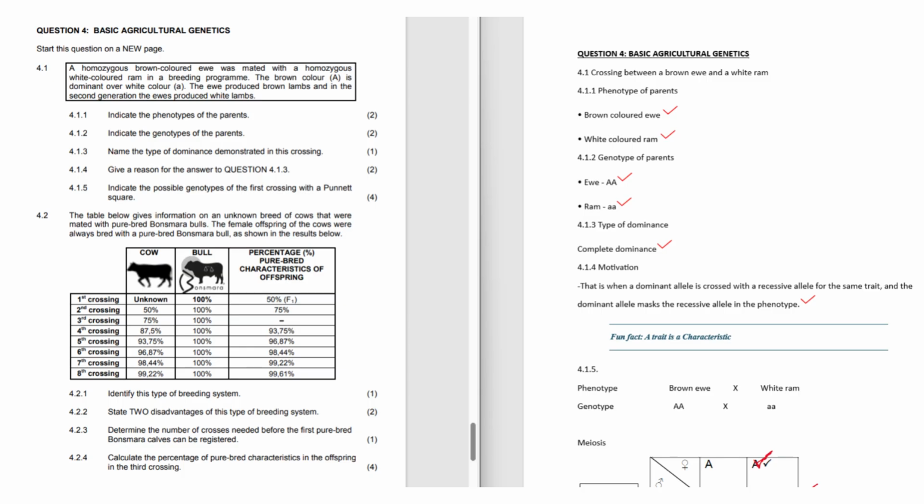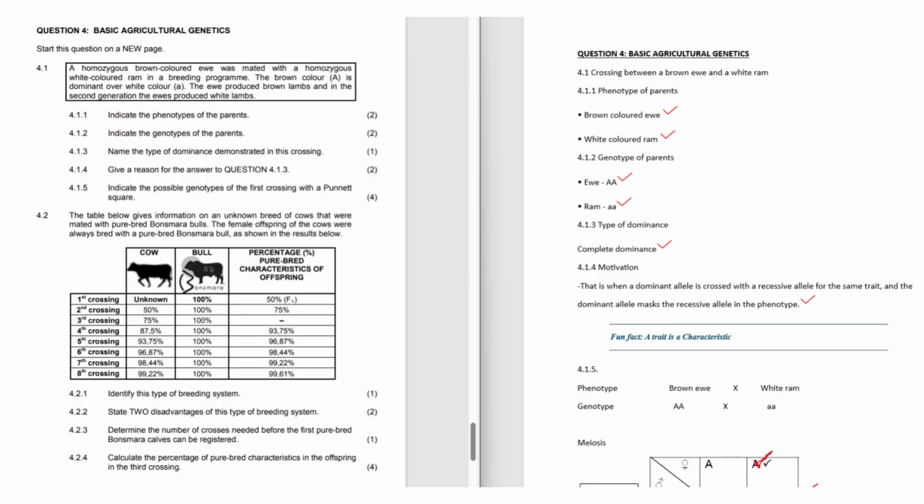That white color cannot be visible because it is masked by the dominant allele A. The dominant allele says, okay, I'm the only one who's going to be visible. The white color cannot be visible because it has this small letter a, and this small letter a is recessive. That means it is masked.